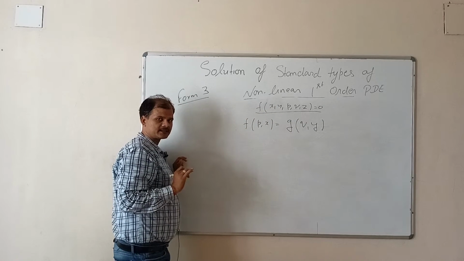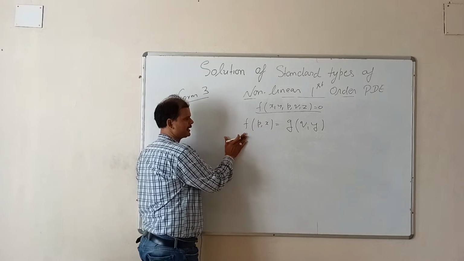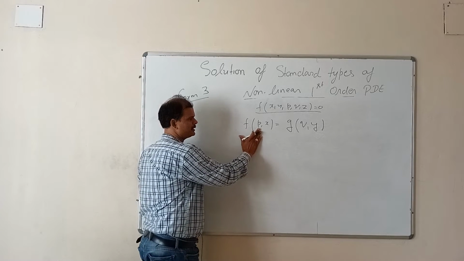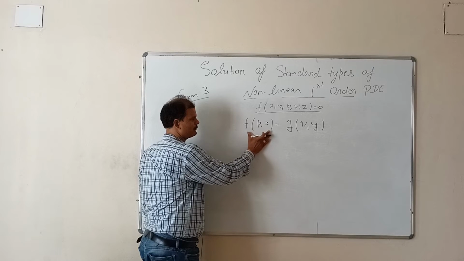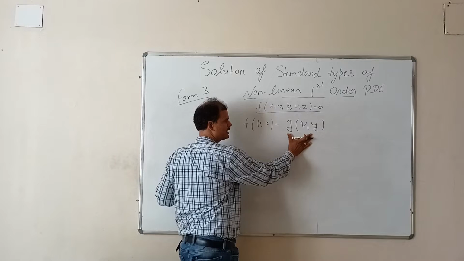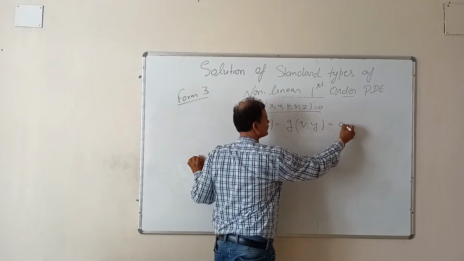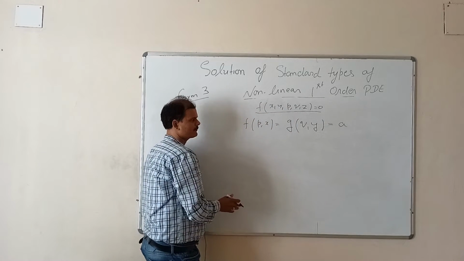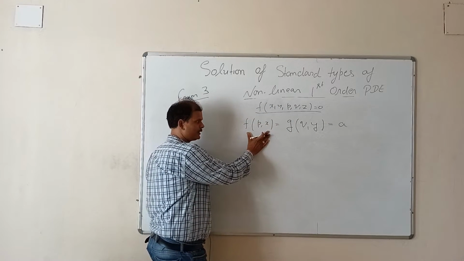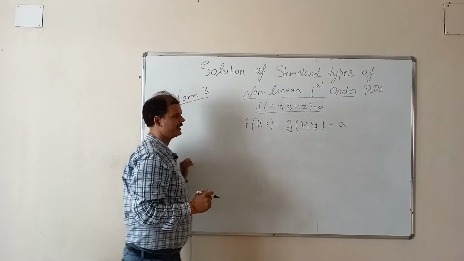Only p, q, x, y that PDE have, and you are able to separate in this way, f of p, x the left hand side only function of p and x, and right hand side only function of q and y. So we can have this equal to one constant, because this is the function of x alone, function of y alone. So this we can have equal to a.